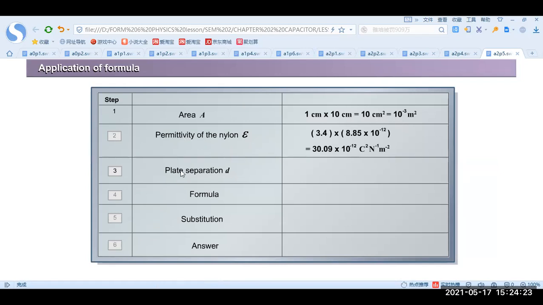For example, if the plate separation is 0.05, using the formula C equals epsilon A over D, we substitute all the values. We get that the capacitance of the capacitor is 601.8 picofarad.